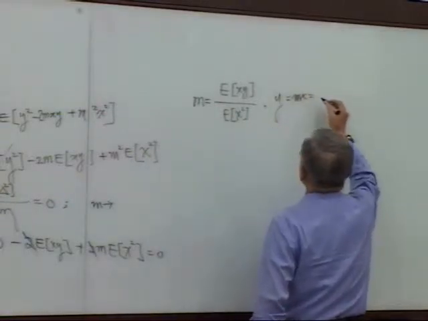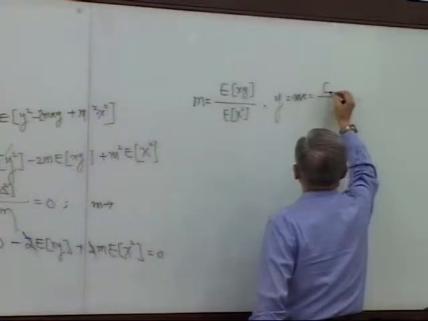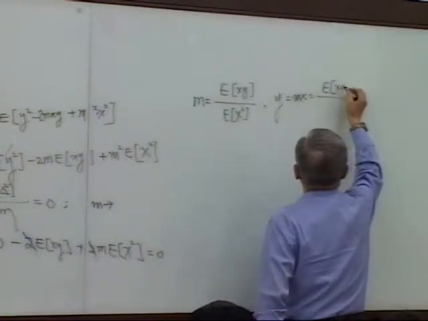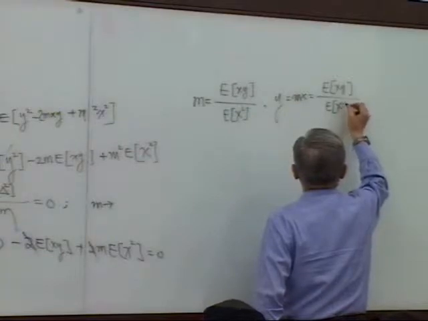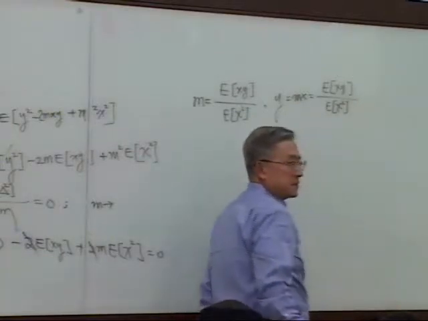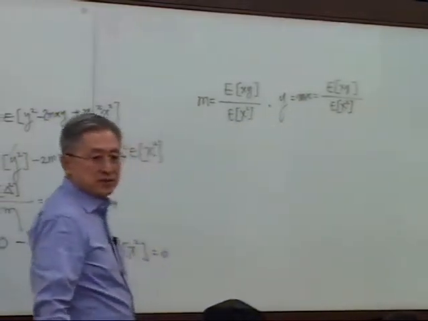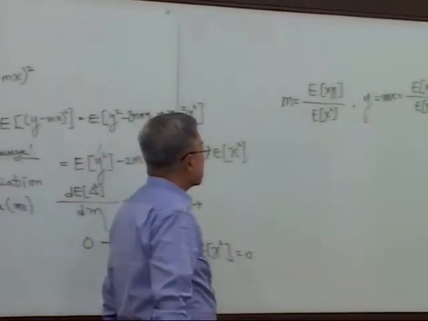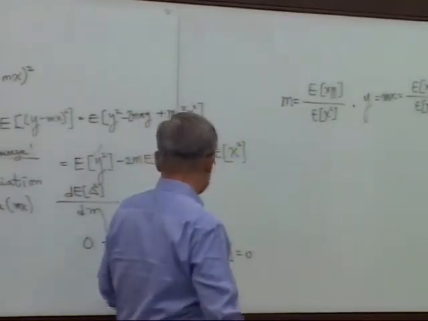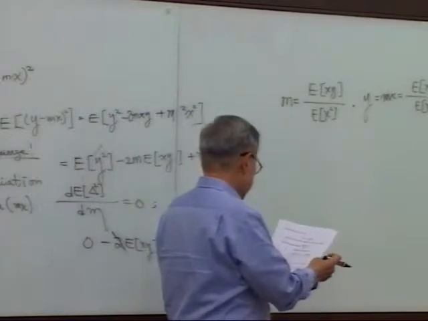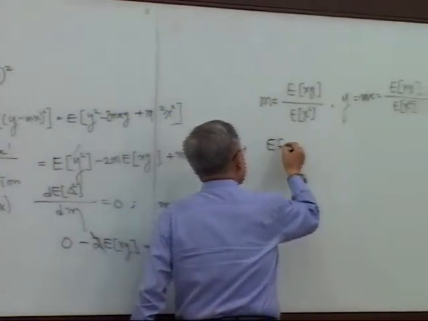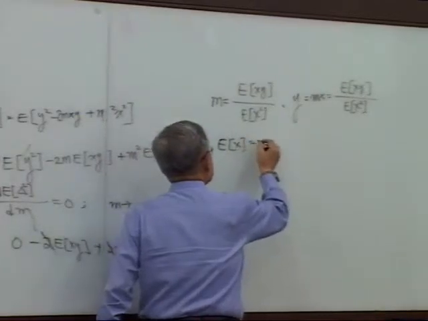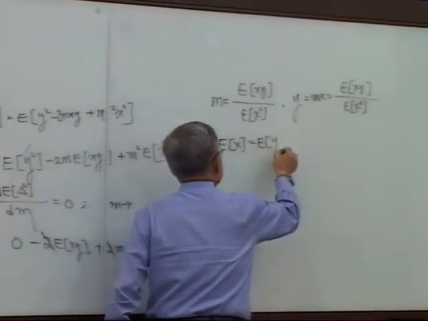The regression line is going to be E of xy over E of x squared, times x. So we know the mean is equal to 0.